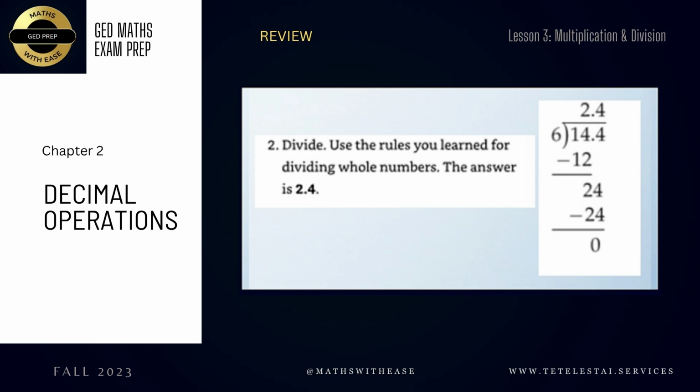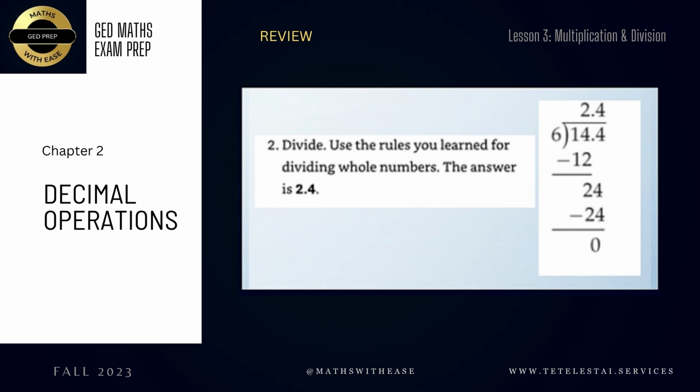And then you're going to subtract because basically you're telling yourself, okay, 6 goes into 14 twice. We have 12, but our division is not complete. So what portion of our dividend, which is this number right here, do we still need to divide? Well, to decide that, you need to subtract what you've just found from your original number to figure out what you have left to divide, right?